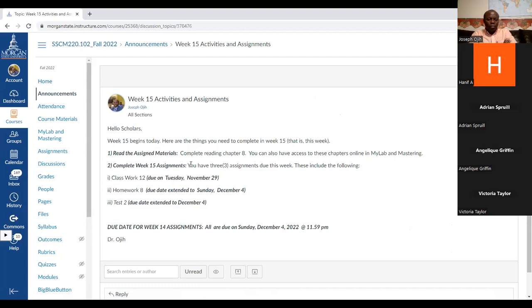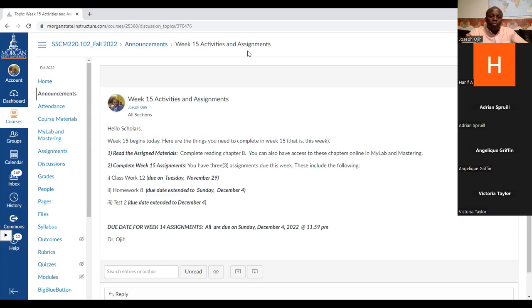Then the assignments: classwork 12 is not extended, that is due tonight, but you can still submit it tomorrow. Homework 8 is now extended to Sunday, December 4. And test 2, the due date is extended to Sunday, December 4 as well. So these are the things that you need to cover this week.